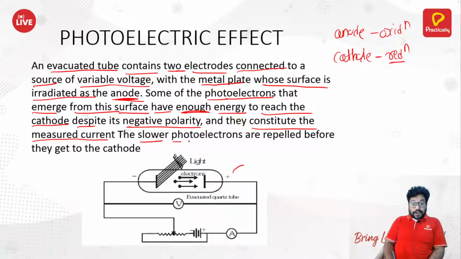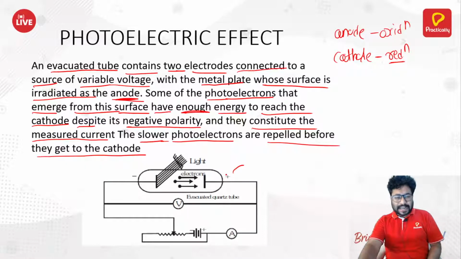The slower photoelectrons are repelled before they get to the cathode. So this is the instrument where the photoelectric effect was actually observed.